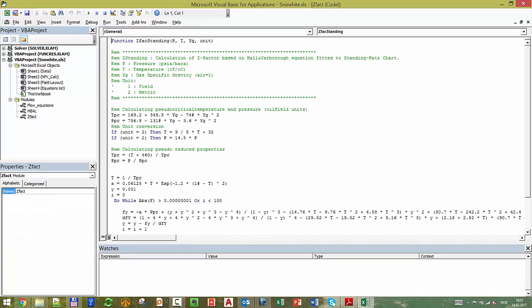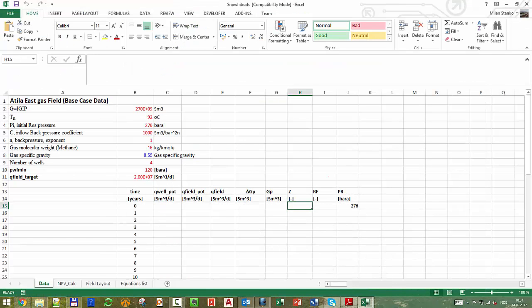In that module it says, please give me the pressure, the temperature, the specific gravity of the gas, and tell me which units you're giving me the pressure and temperature. In our case, we're going to use unit number 2. Unit number 2 is metric, with pressure in bar and temperature in degrees Celsius. So we're going to provide the current reservoir pressure, the current reservoir temperature, and the specific gravity of the gas, and the 2.